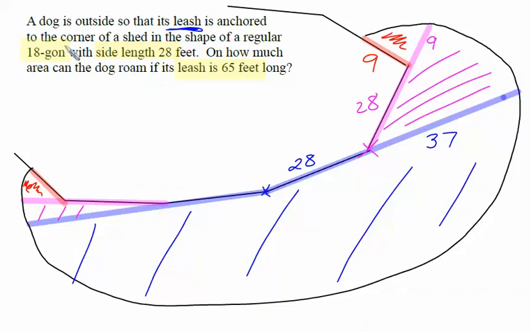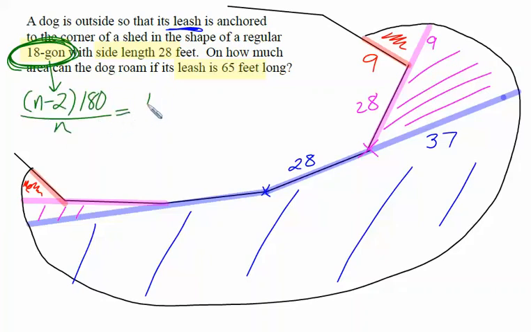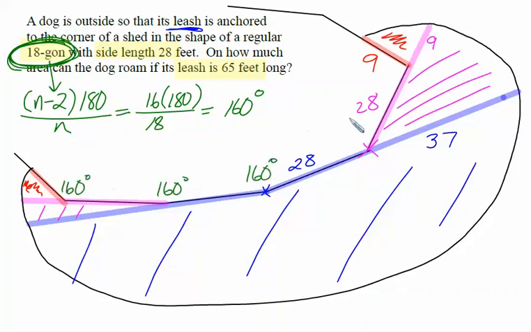Now, first of all, in order to determine some things in this picture, we will need to use our handy dandy angles and regular polygons formula, plugging in the fact that n is equal to 18. When we calculate that, each angle in our regular 18-gon turns out to be 160 degrees. We will use that to determine the measures of the other relevant angles in this problem.